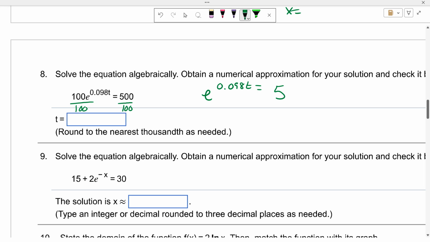We're going to natural log both sides, because e and ln are inverse functions of each other. So 0.098t equals the ln of 5. Divide by 0.098.